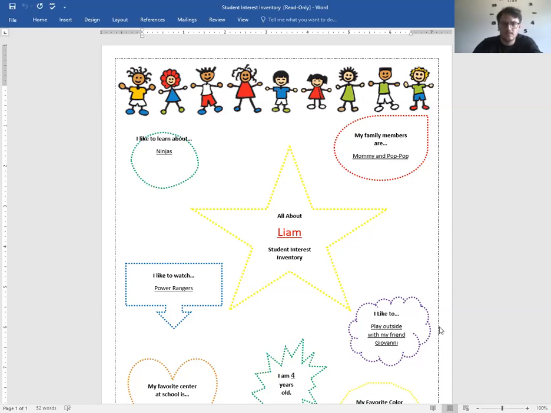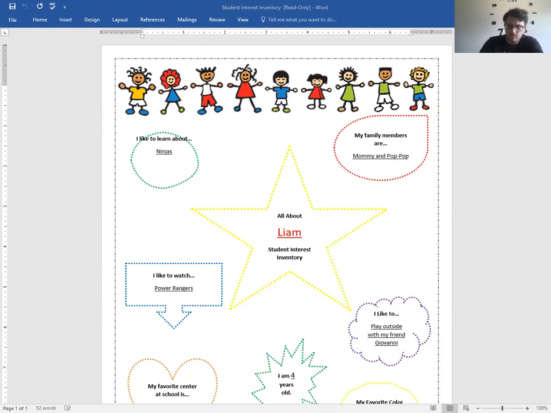All you have to do is define the inventory and decide which inventory you want to use. This was very simple. I like to learn about what? All about whom is the person, and my family members are who's in your family. What do you like to watch, and those kinds of things. So that's a very simple interest inventory.